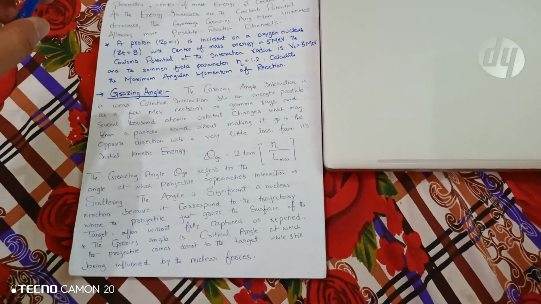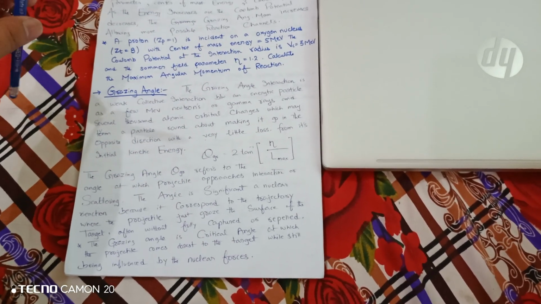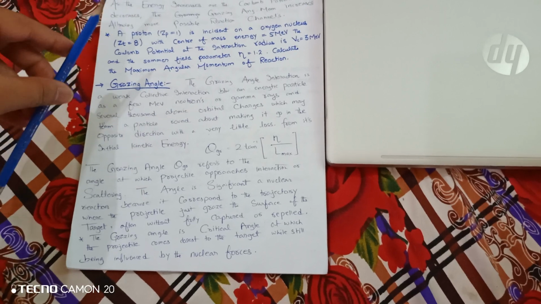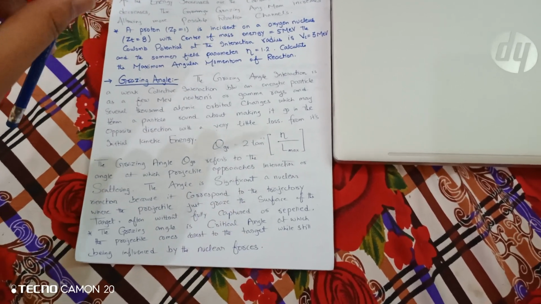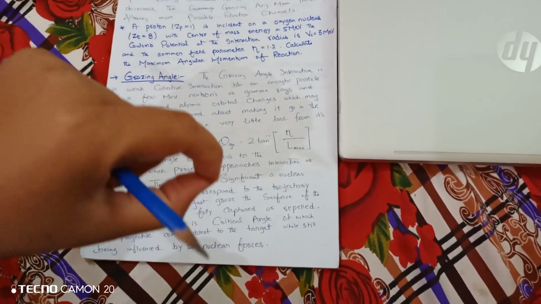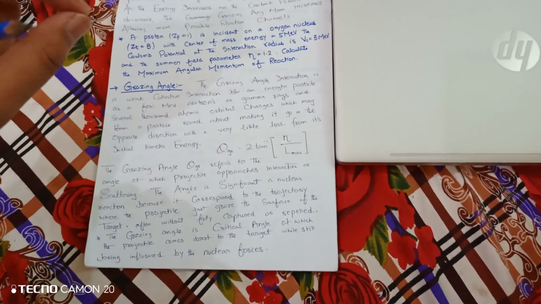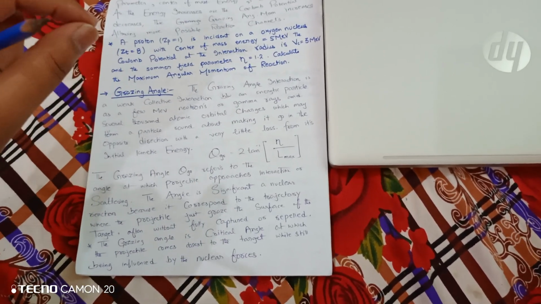The angle is significant in nuclear reactions because it corresponds to the trajectory where the projectile just grazes the surface of the target, often without being fully captured or repelled.